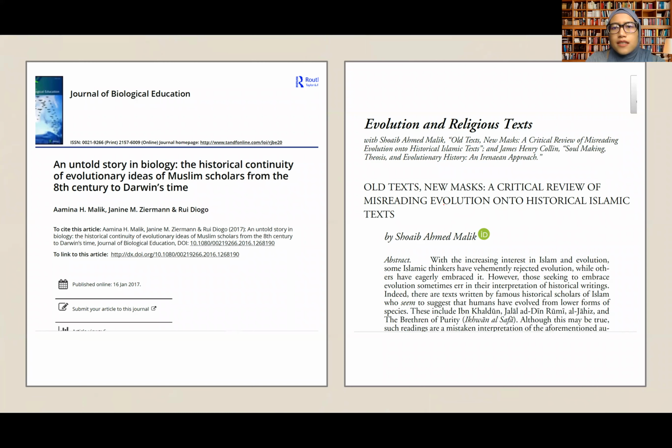This paper right here says that the theory of evolution was already discussed amongst Muslim scholars in the 8th century. But then this paper right here critiques this paper, I think. I'm yet to read this paper, so I cannot say much about it.